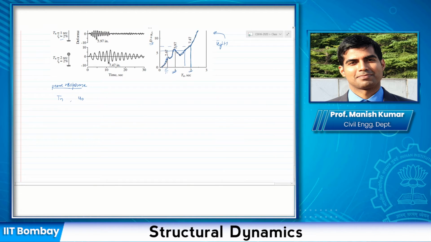How do I find out peak responses? Well, if you know the maximum deformation is U naught, you can apply the peak equivalent static force, K times U naught, and then find out, subject to that peak equivalent static force, what the forces in the system are. For example, what is VB naught and what is MB naught, just using the peak response, because that is what we are interested in.